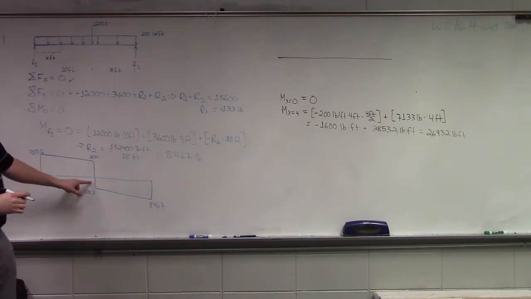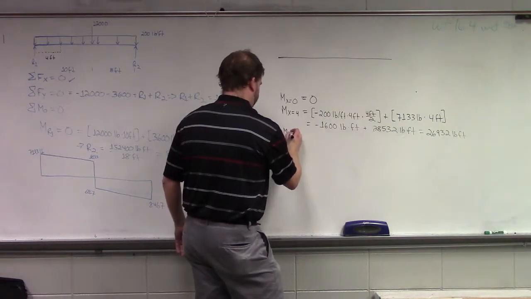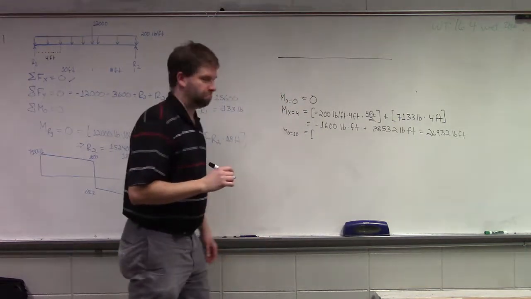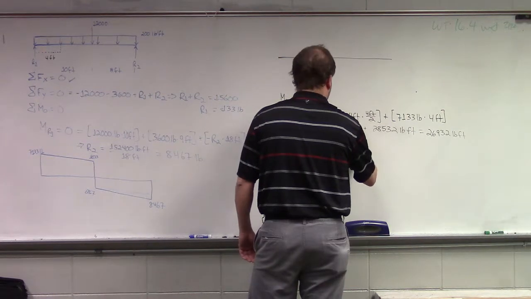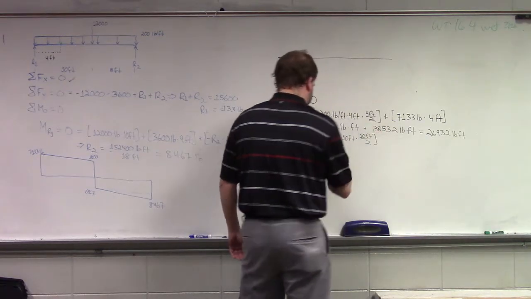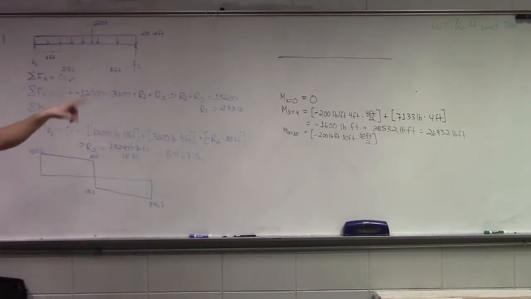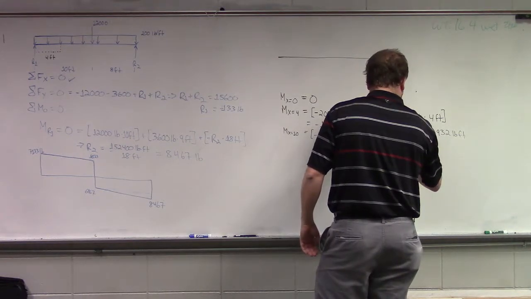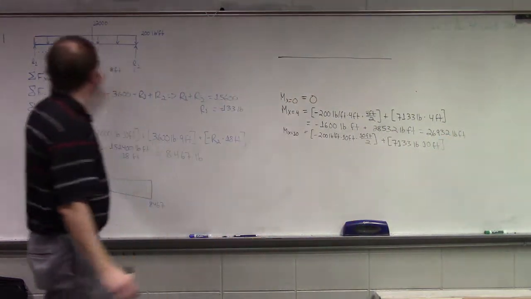Now, what happens to us when we get 10 feet away? So 200 times 10 times 5. Or, well, that'd be negative. And that'd still be negative, right? Yep, because we're traveling in the same direction, so our loads are still going to have the same effect. Okay? What about our 12,000 pound load?